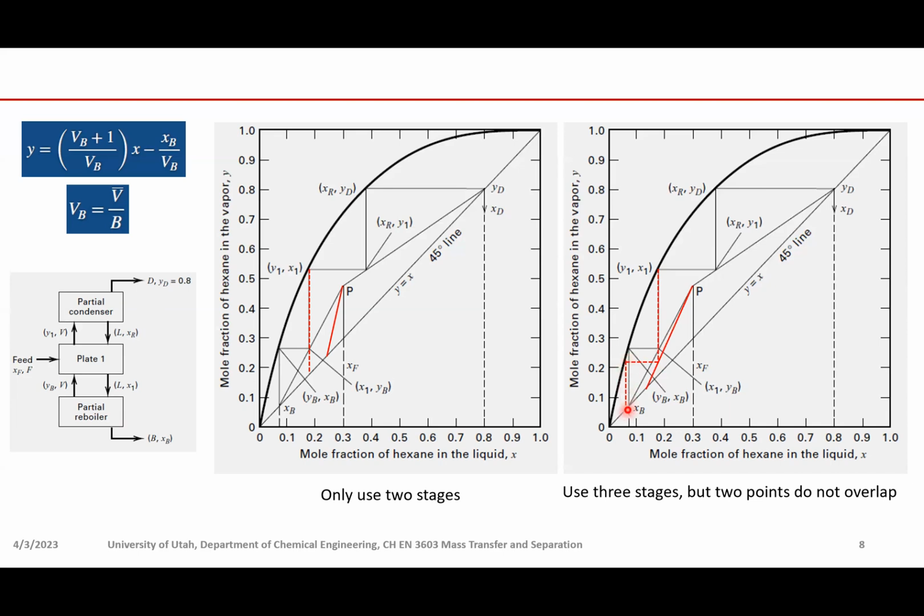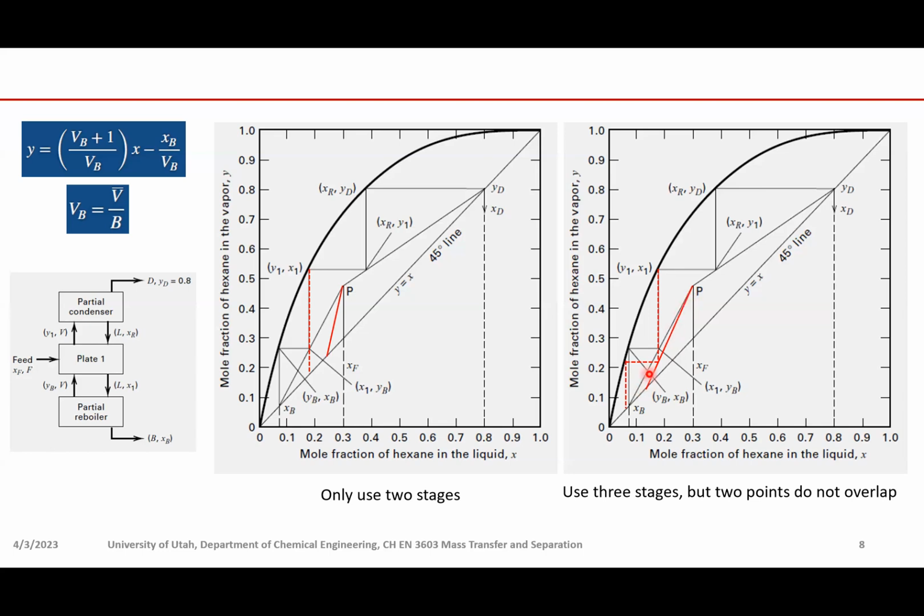That's going to cross the 45-degree line there. Right? In this case, we use these 3 stages. We can still achieve the desired separation, but since this point does not overlap with that point, we really do not fully utilize the distillation column.